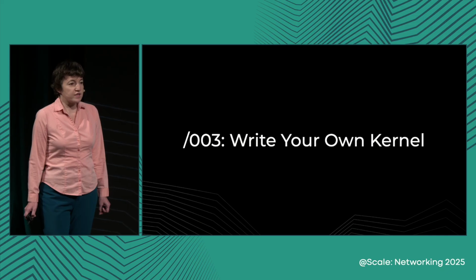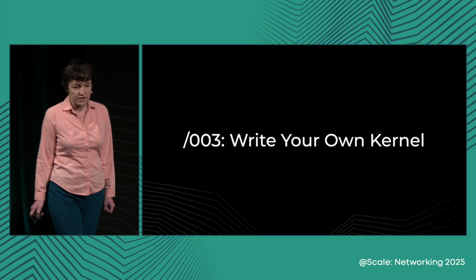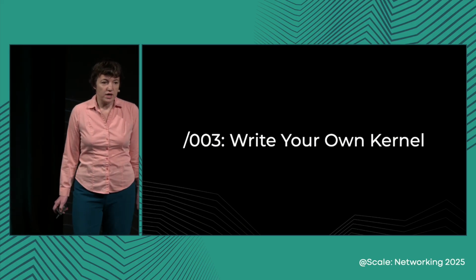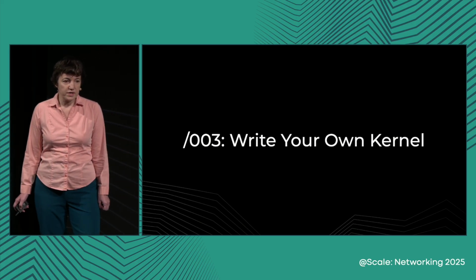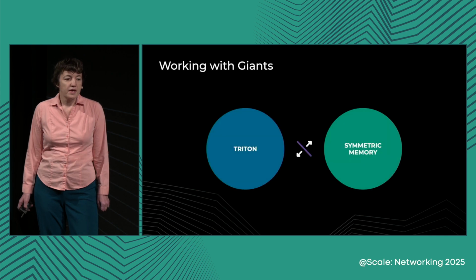Now, let's move to the next part of my talk, where I'll show you how you can use symmetric memory to write your own communication kernels, so that you are no longer limited by whatever PyTorch, whatever NCCL, whatever RCCL offers you, and you can take your destiny in your own hands. To enable this, we are using OpenAI's Triton.